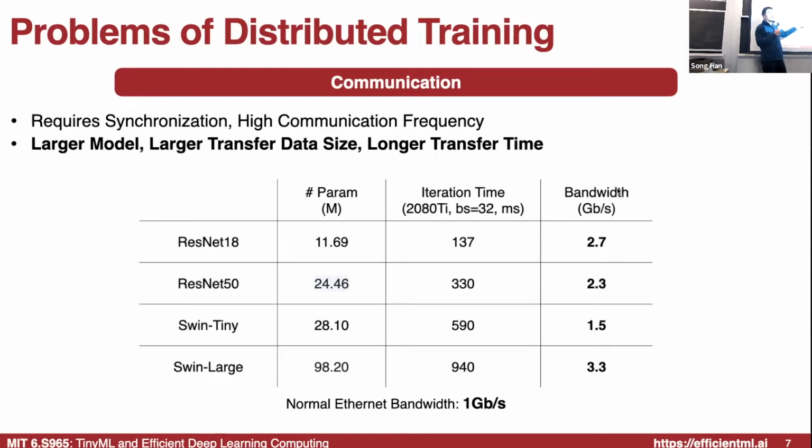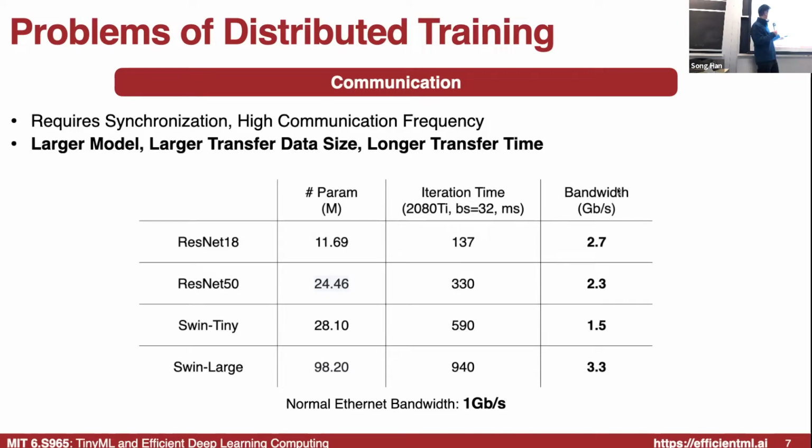Considering we have to transmit about 25 million parameters, this is the size of the weights, which is equal to the size of the gradient. So this is the amount of data we have to transmit within this amount of time. Every second we have to transmit 2.3 gigabits per second.